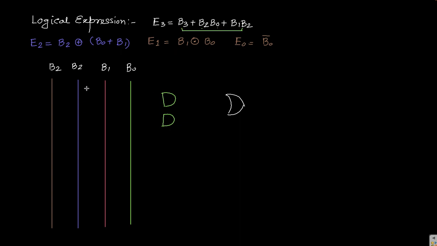So B3 we can directly connect, and then B2 and B0 are ANDed, so the output is B2 B0.